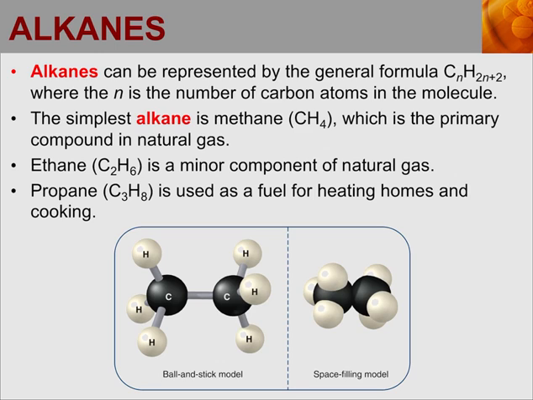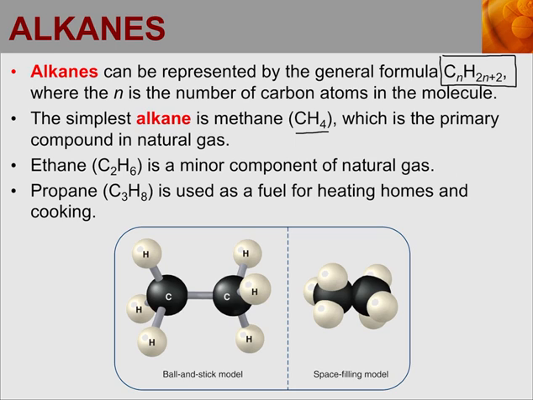So alkanes, our simplest hydrocarbon, can be represented by the general formula CnH2n+2. So the simplest alkane is methane, CH4, which is the primary compound found in natural gas.